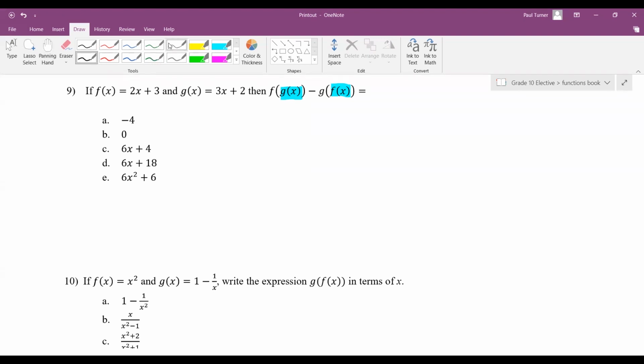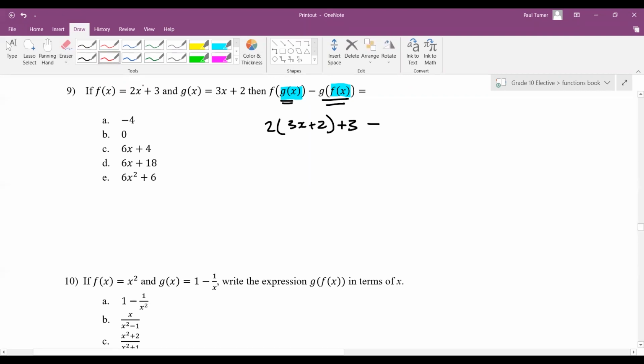So for question 9, let's get our functions here, g(x). And we've got to put that into f. So this will go into f here. So you'll have 2(3x + 2) + 3 minus this one. And then we put f into g.